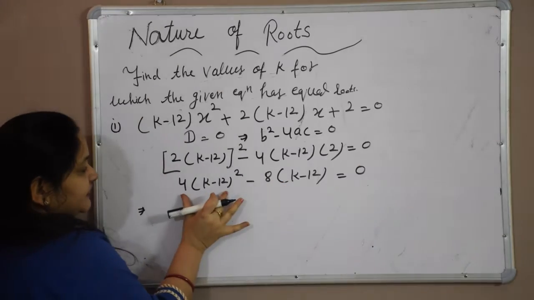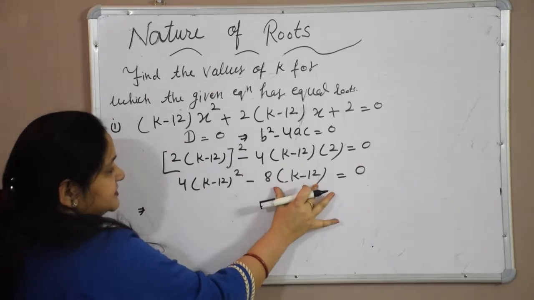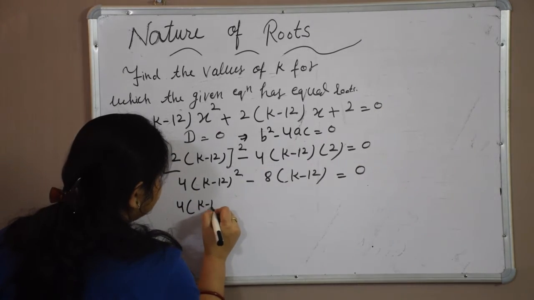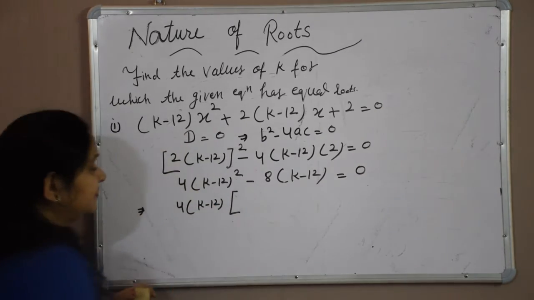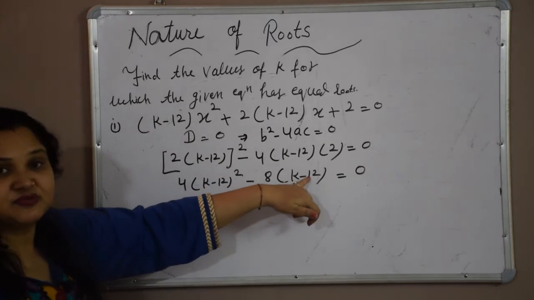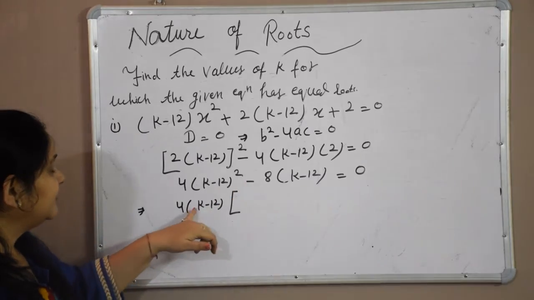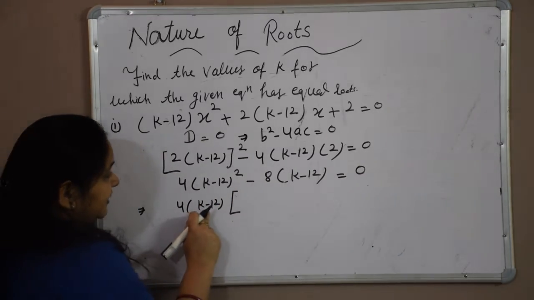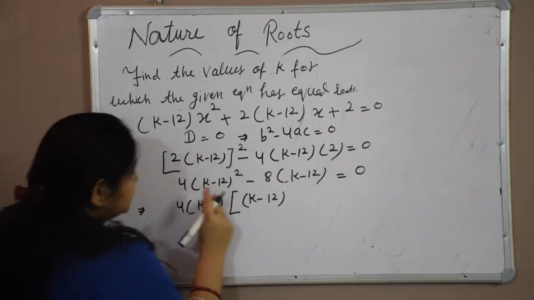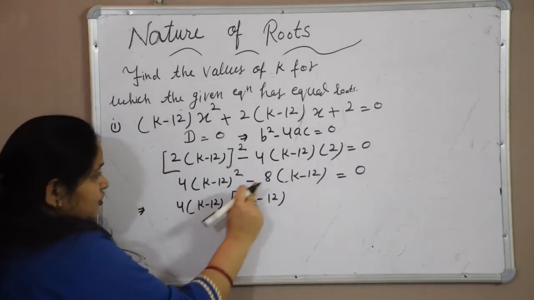There are two terms, one term is this, second term is this, and what is common? 4 into (k minus 12) is common, because it is (k minus 12) whole square, and here (k minus 12) is a single term. So whenever taking 4 into (k minus 12) common, inside we are left with (k minus 12), and here 4 is common.